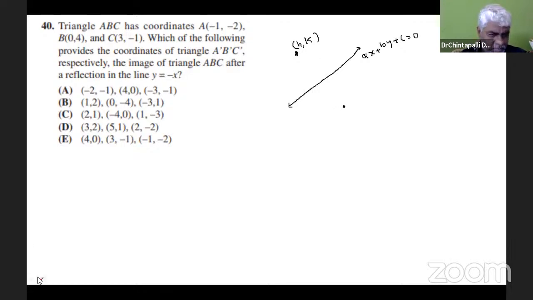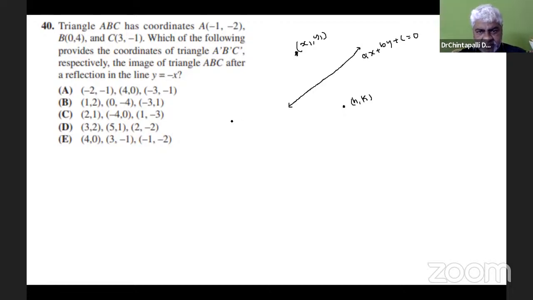Let this point be x1, y1. Image of this point with respect to this line be h, k. Then there is a formula to find the image of a point with respect to a line. I am telling that formula.